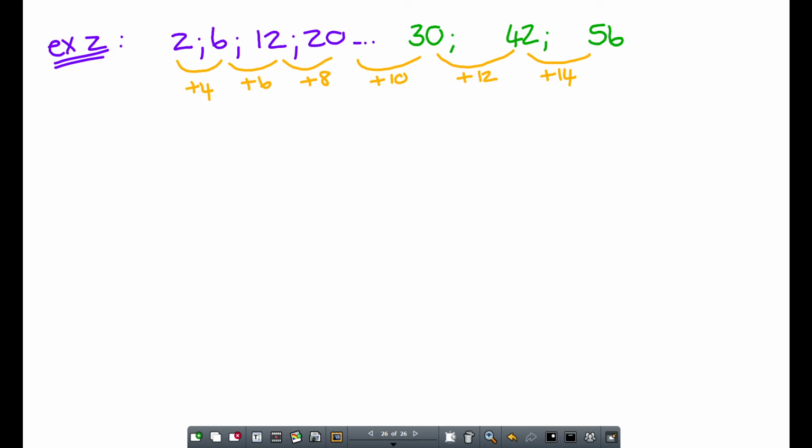Okay, good. So if you would have to write or state the rule in words, we don't have to write a formula. What would you say? Start with 4 and then plus 2. Start by adding 4 and then from there on add 2 more with every consecutive term. Do you guys understand?